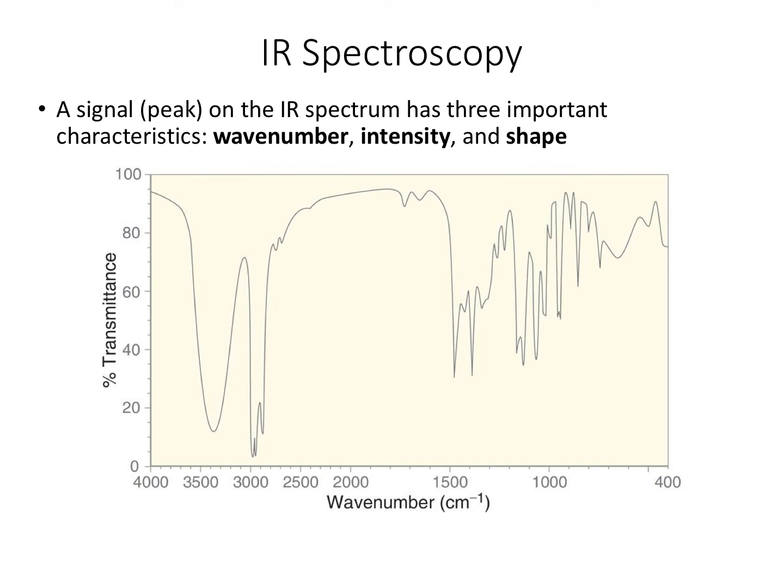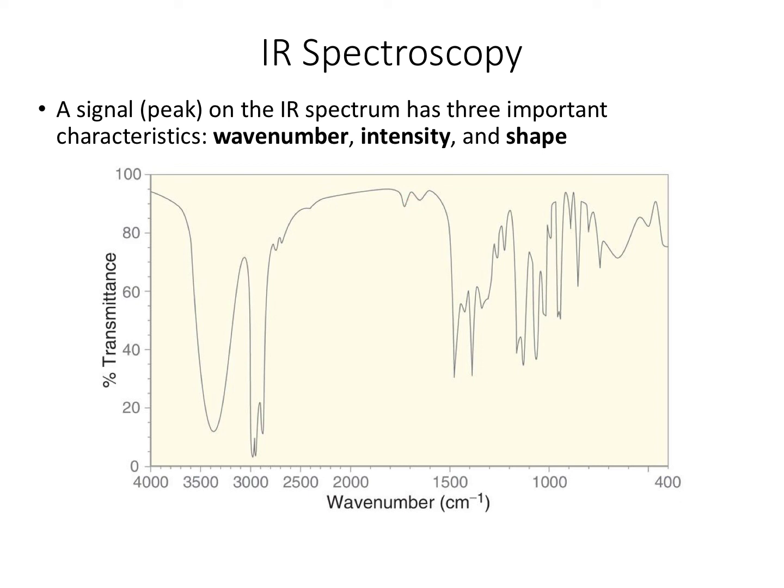So these peaks or absorption bands have three important characteristics that we're interested in. So one, what is the wave number or the frequency? Where does that peak appear on the x-axis? Another thing that we're interested in is the intensity, so that's how deep the peak is. I would say that these two peaks have a high intensity, where something like this peak has a low intensity.